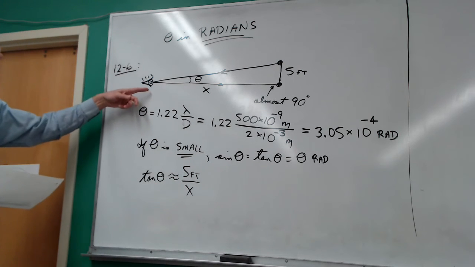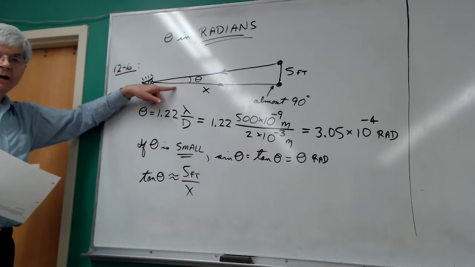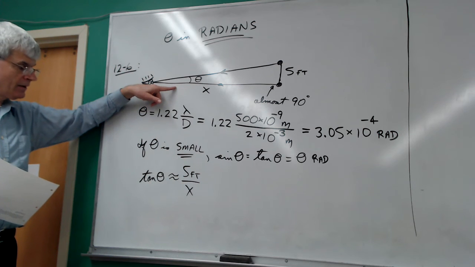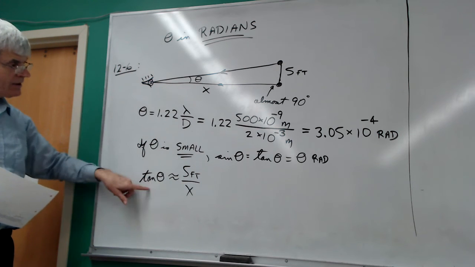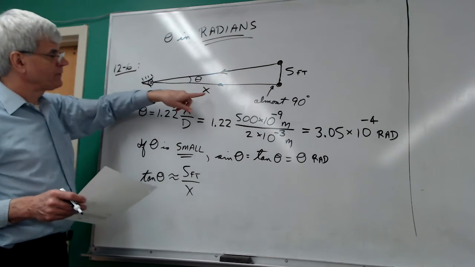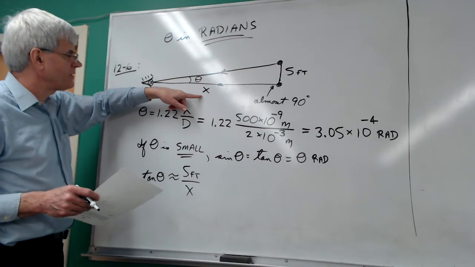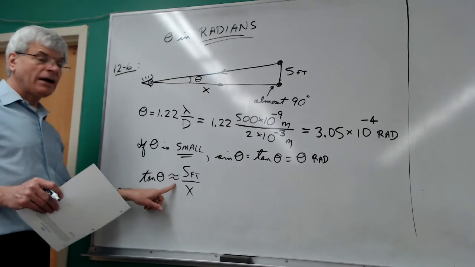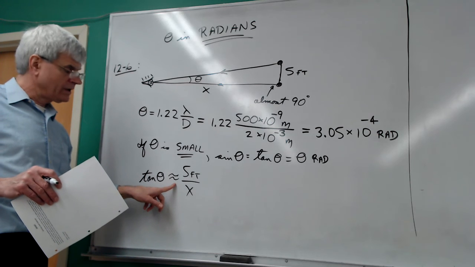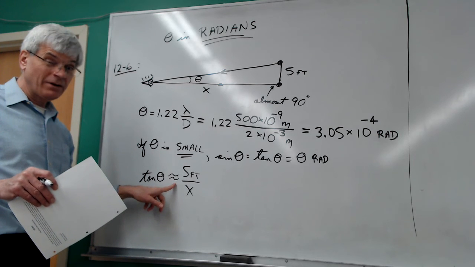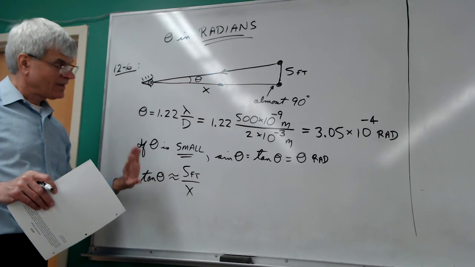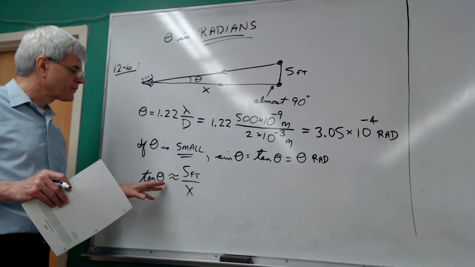Okay, so looking at my not quite right triangle here, tangent means opposite over adjacent. The opposite side is 5 feet, the adjacent side is x, approximately equals, because yeah, it's not really a right triangle, but it's very, very close.